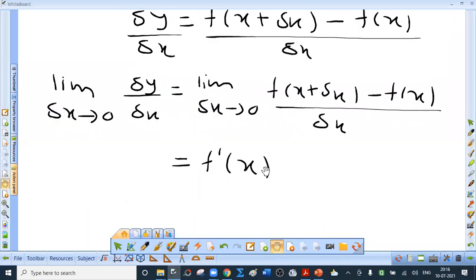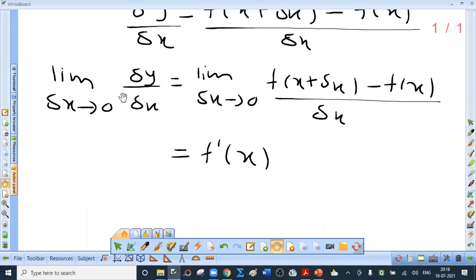Now Leibniz denoted the limit on the left hand side by dy dx. So in some cases you can read this as dy upon dx, but note that this is not d into y upon d into x, so do not cancel d and d. I repeat this. Leibniz denoted the limit on the left hand side by dy dx, which you read as dy dx or dy upon dx.